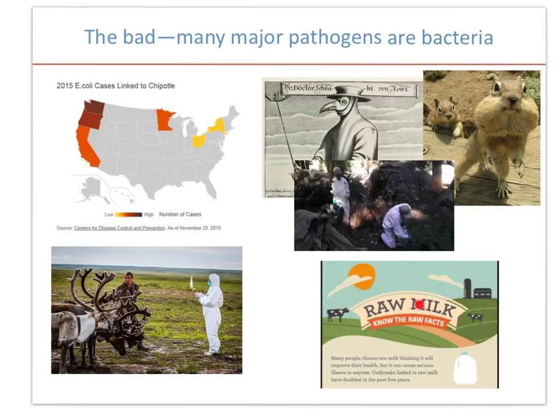So then finally, the other example that I'm giving here is raw milk. Raw milk is milk that hasn't been pasteurized. So pasteurized milk is essentially milk that's been heated up to high temperatures to kill any bacteria that lives in it. So there's this movement of people who prefer to drink raw milk, so milk that hasn't been pasteurized.